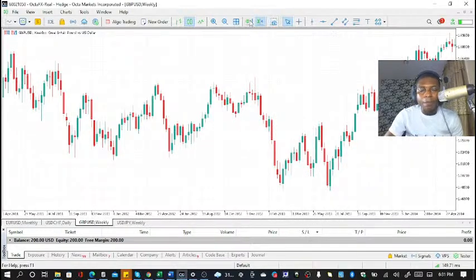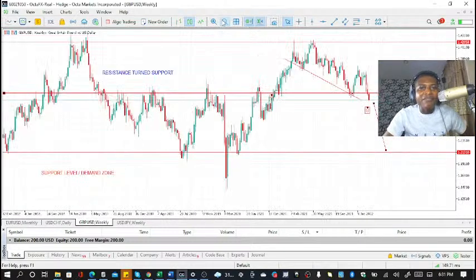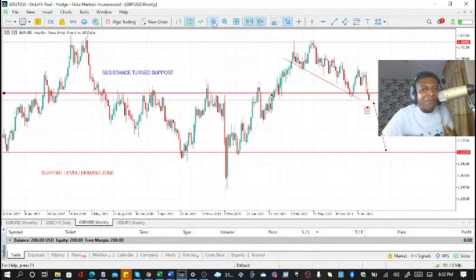All right, good. Now we have a clearer view from the broader view. We are still at the broader view because it's still a higher time frame, but as you can see, we are now having a clearer view of what is really happening.